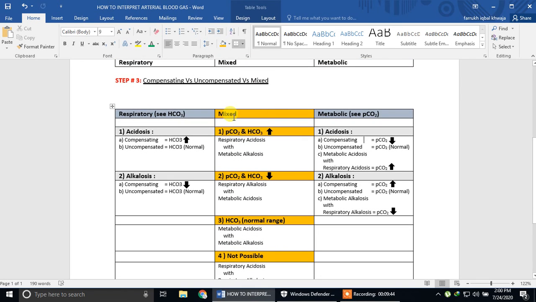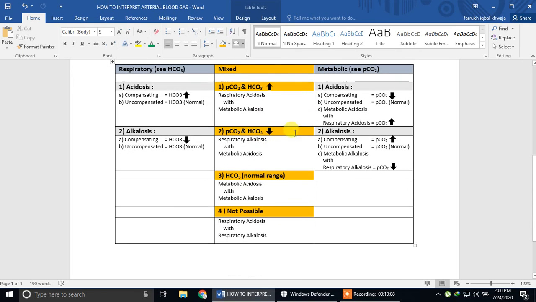In mixed type, the normal range of partial pressure of carbon dioxide is 35 to 45, and the bicarbonate is 22 to 26. If both are greater than their normal ranges, then it is respiratory acidosis with metabolic alkalosis. You have to remember it. If both are decreasing, there is respiratory alkalosis with metabolic acidosis, the opposite.